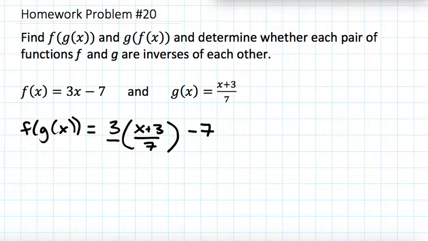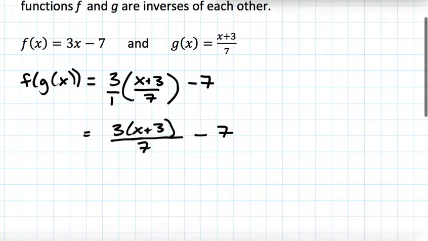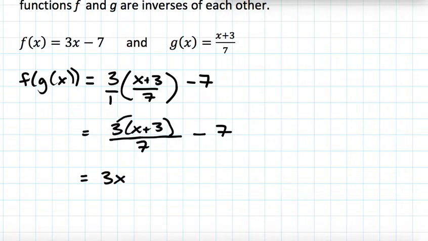So when I do this multiplying step, that's going to give me 3 times x plus 3 on the top, and 1 times 7 is 7 on the bottom, and I can't just cross off these two numbers. So what I need to do here is distribute the 3. So that's going to be 3x plus 9 over 7.